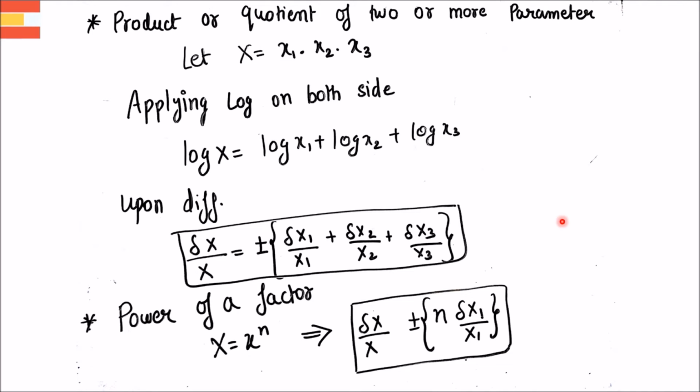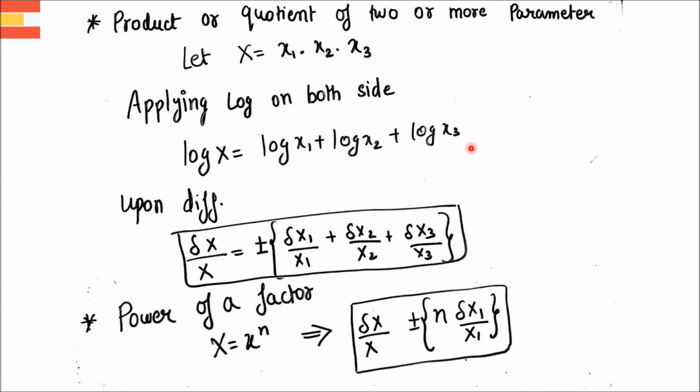Sometimes the product or quotient of parameters is given, like x is given as x1 into x2 into x3, and if you wish to find the relative error, we have to take the log on both sides. After taking the log, we have to differentiate. We know that the differentiation of log x is 1 by x and the differentiation of x is del x.